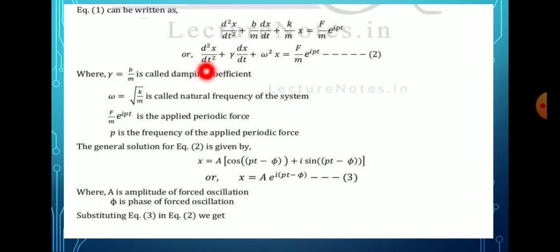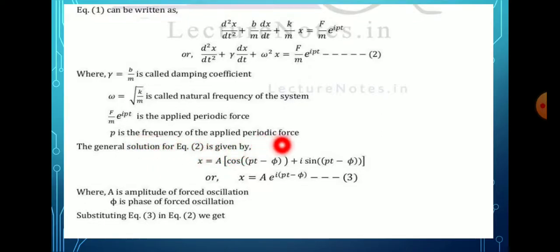Then we get d square x by dt square plus r dx by dt plus omega square x equal to f by m e raised to i p t. Here b by m is known as the damping coefficient. Omega equal to square root of k by m is called the natural frequency of the system. F by m e raised to i p t is called the applied periodic force, where p is the frequency of the applied periodic force.